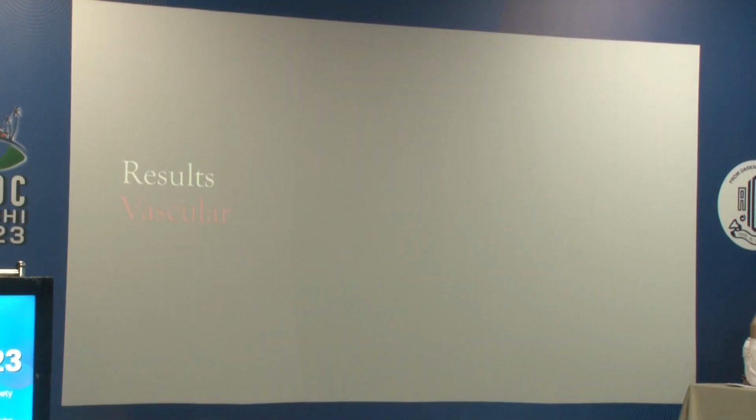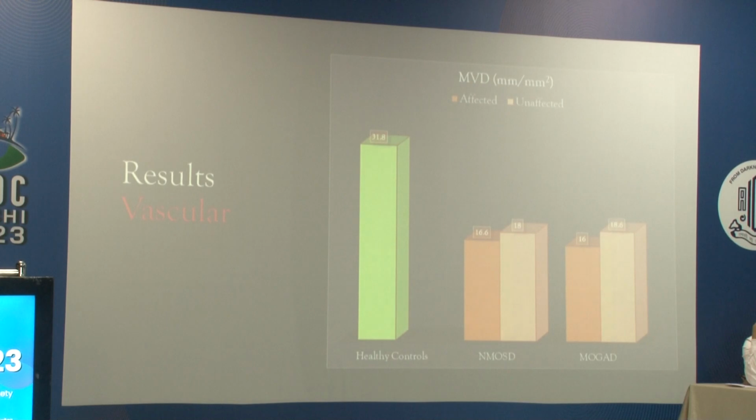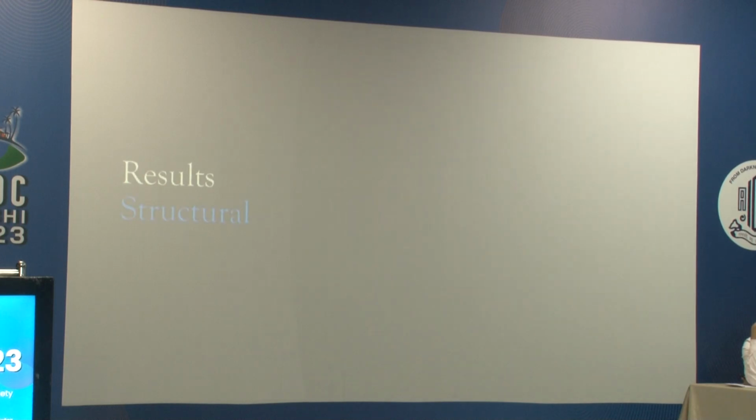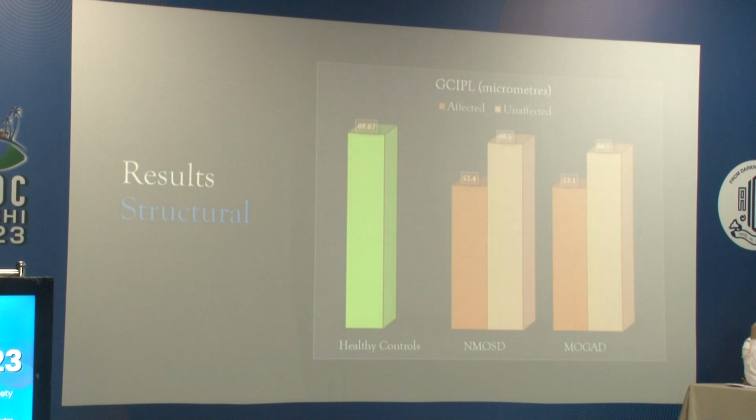So coming to the vascular changes observed, when we see the macular vascular density, this graph clearly shows that NMOSD and MOGAD patients, when compared with healthy controls, showed a reduction in macular vascular density even in the unaffected eye. In terms of structural changes, when we compare the GC-IPL thickness, compared to healthy controls, NMOSD and MOGAD patients show a reduction in GC-IPL thickness or GC-IPL thinning in the affected eye, but not so much in the unaffected eyes.